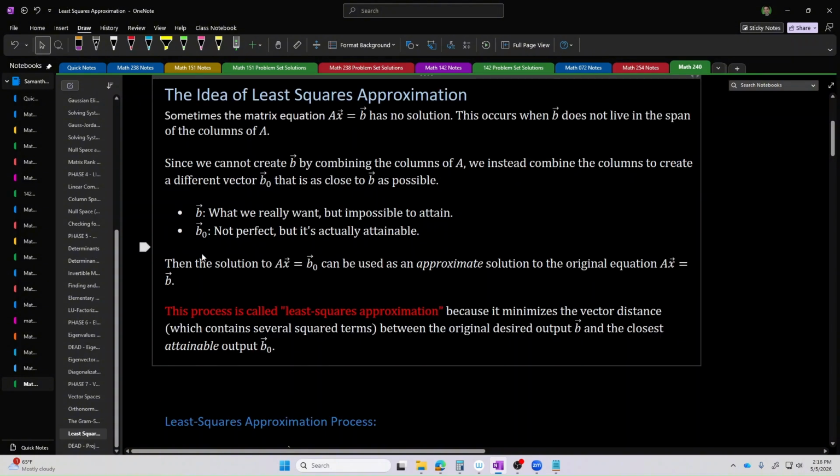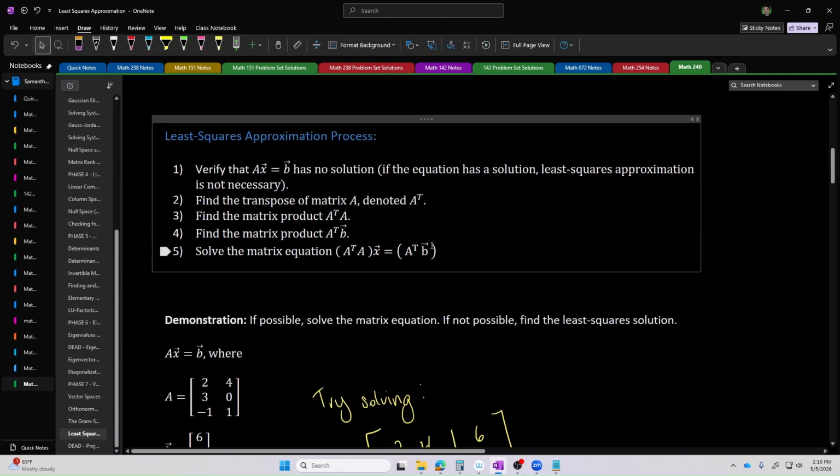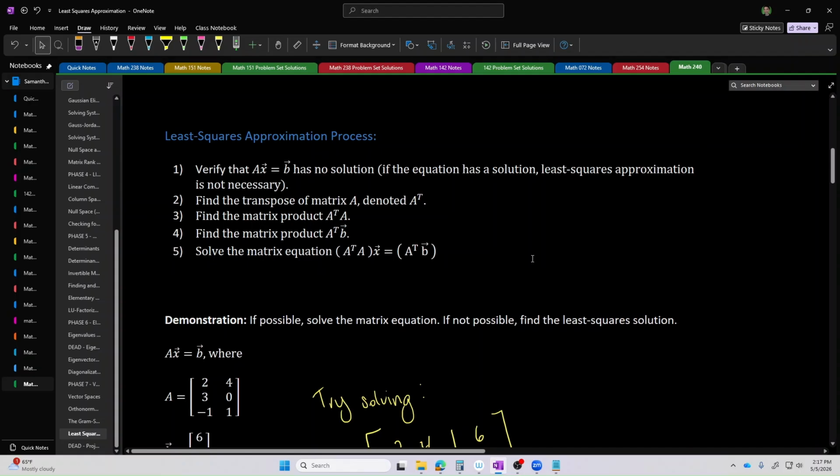To find this closest attainable output vector, we start by calculating the transpose of our matrix A. And then we use that transpose in a couple of different products, A transpose times A and A transpose times the vector B. Then we solve the matrix equation A transpose A times X equals A transpose B. This equation will have a solution.